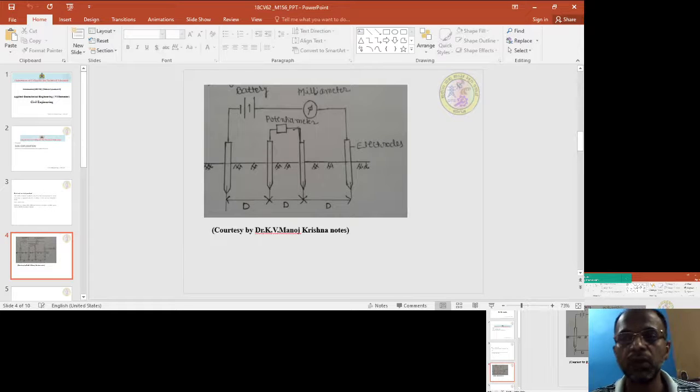Okay. Now, when we supply electricity to the outer electrodes, this circuit is not a closed circuit as per our diagram, but when you consider the soil here, the soil is a good conductor of electricity.